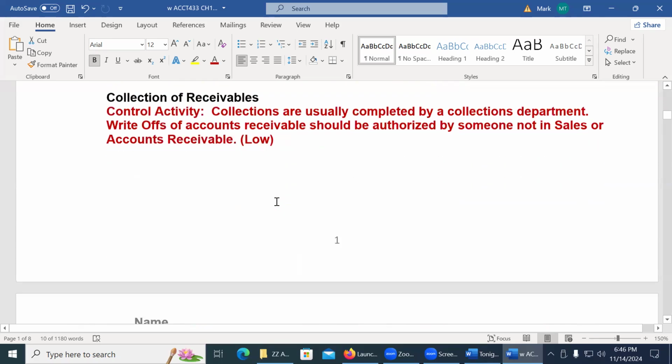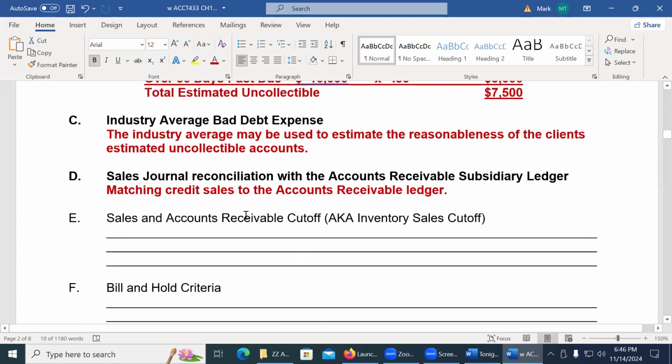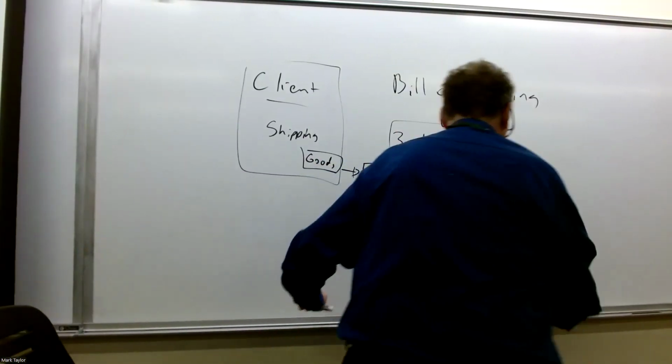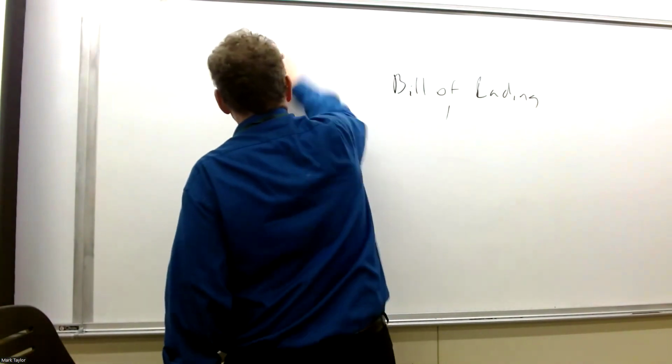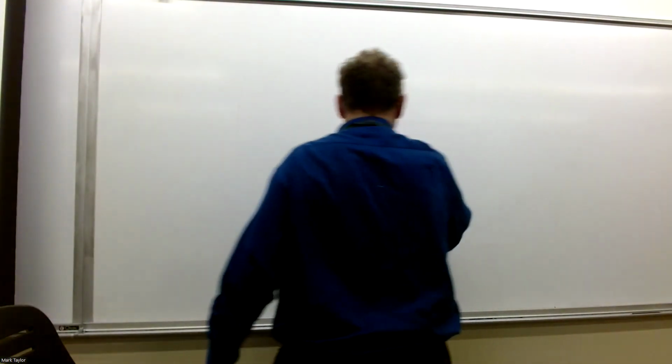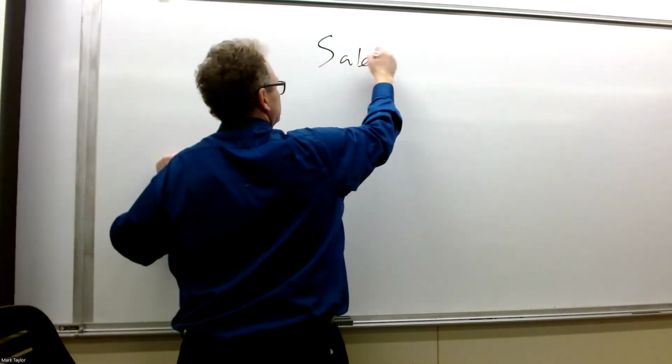What they usually do is have, for instance, a sales journal, and the sales journal will look like this. I'm making a bunch of journal entries.